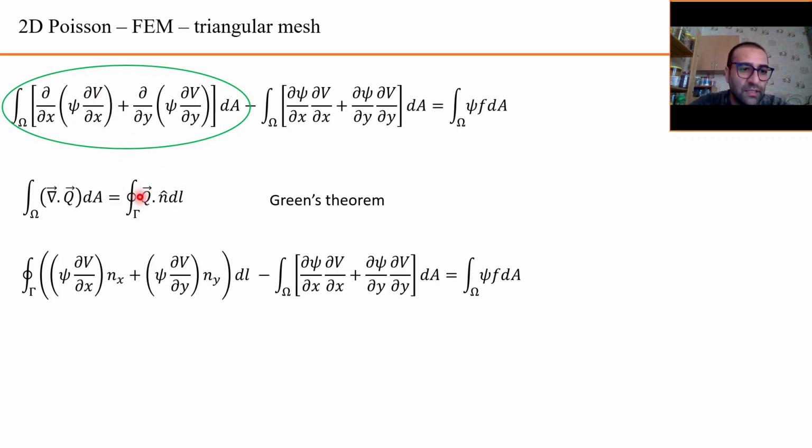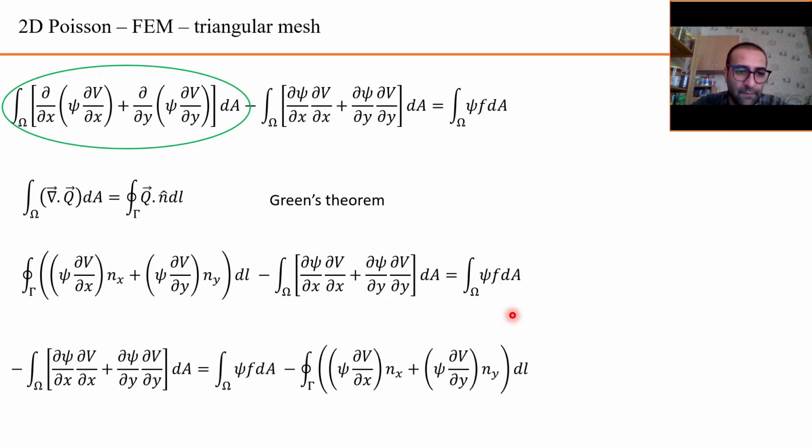If I use Green's theorem, I can simply show that this area integral can be replaced with such a line integral. This line integral is over a closed contour, and we have the same term and the same term on the right hand side. I just send this term to the right hand side of the equation.